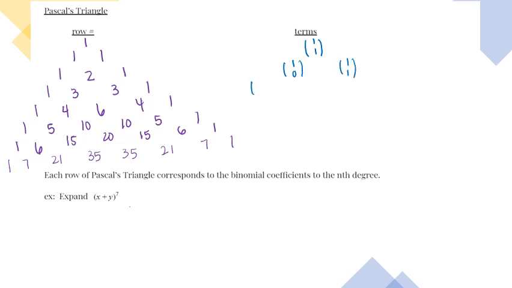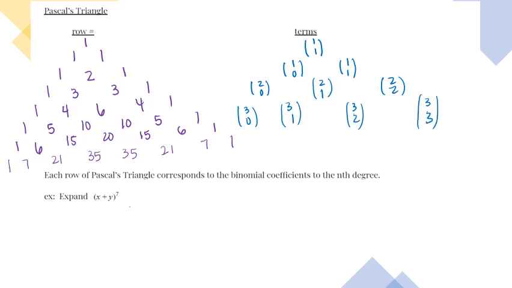Then you're going to go 2 choose 0, 2 choose 1, 2 choose 2. Then for the next one, you're going to go 3 choose 0, 3 choose 1, 3 choose 2, and 3 choose 3.